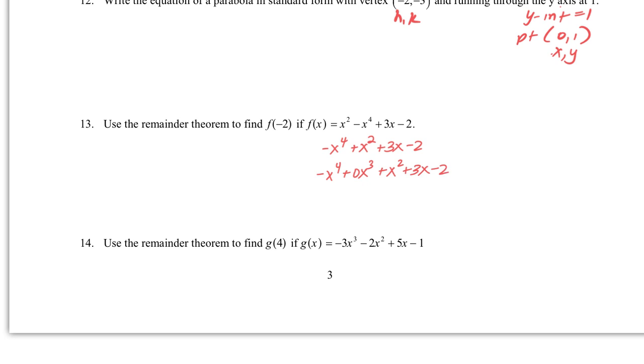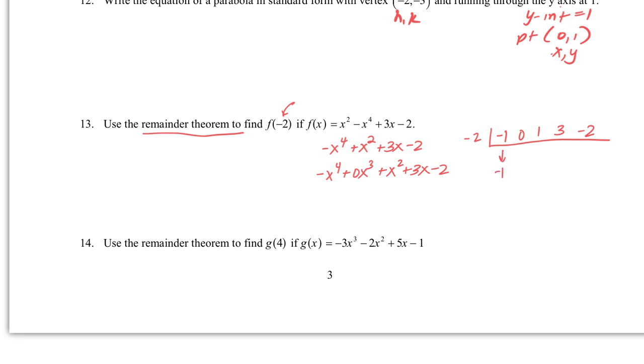Now that you have it in the correct form, you can prepare your synthetic division. So minus 1 is your first coefficient, 0 is the second, 1 is the third, 3 is the fourth, and minus 2 is the last. You're going to plug negative 2 in and solve. Whatever the remainder is, the remainder theorem says that's the value of the function when x is negative 2.